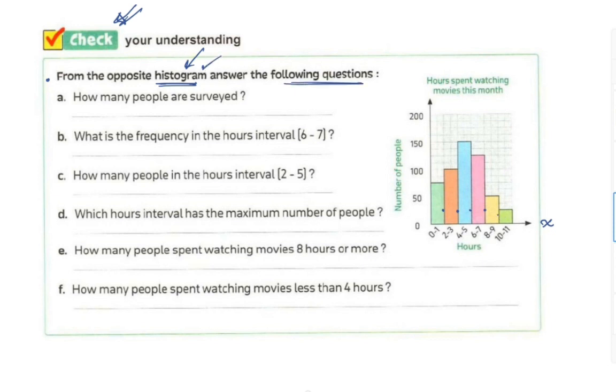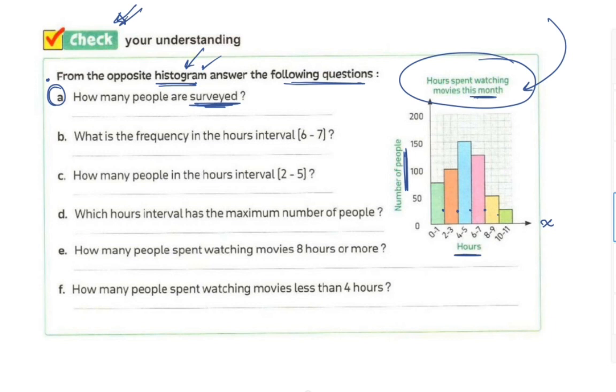Answer the following questions. Question A, how many people were surveyed? Look here first. We have a histogram with hours on the x-axis and number of people on the y-axis. The title is hours spent watching movies this month.